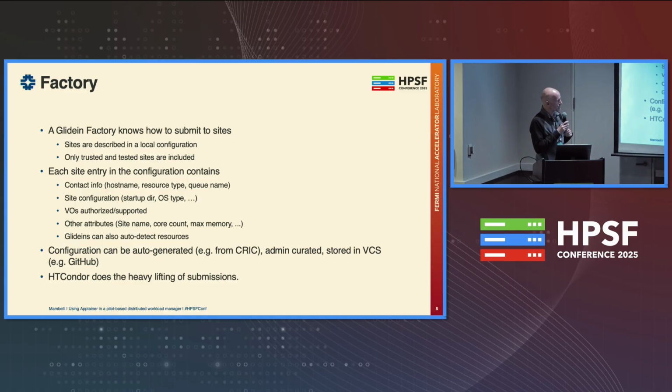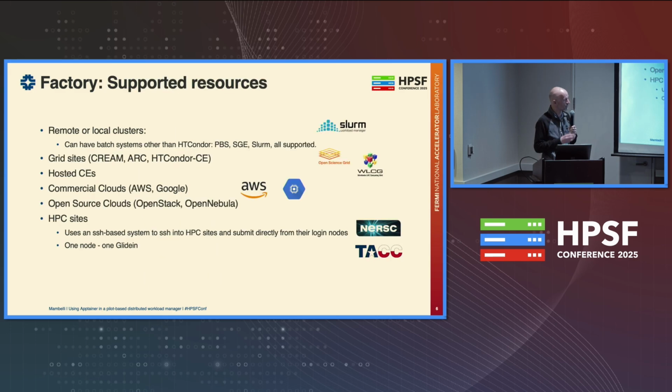The configuration is often auto-generated from information systems or stored in Git or other similar systems. The actual submission to resources uses a lot of mechanisms that are provided by HTCondor.